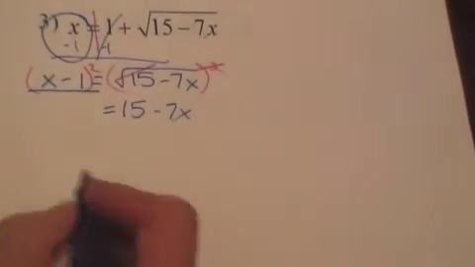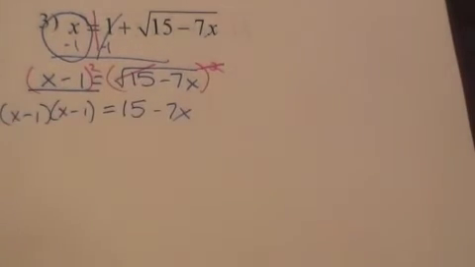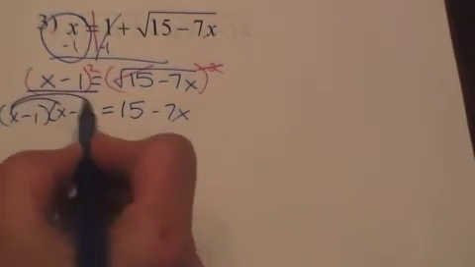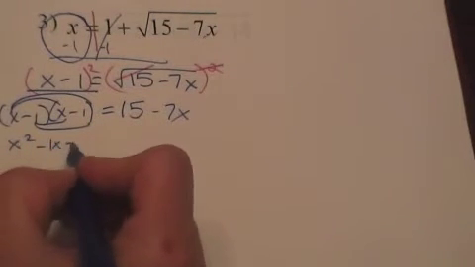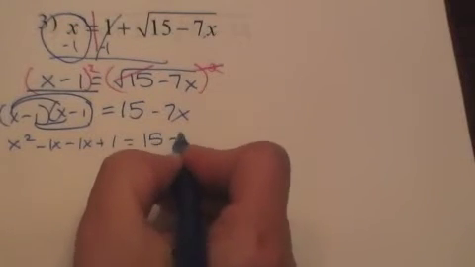Let's do this. Is x minus 1 times x minus 1. So you got to do the FOIL. So x times x, do this whole mess. So it's x squared minus 1x plus 1 is equal to this side.